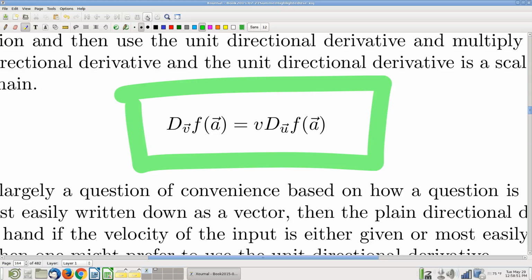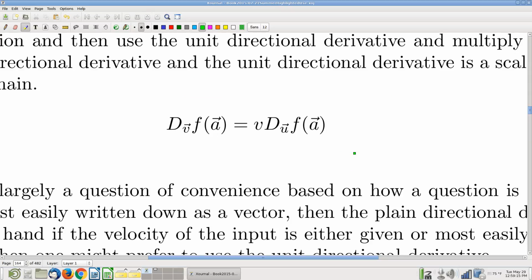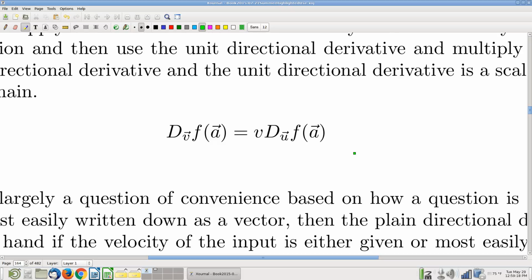So, which one's better? And the answer is neither necessarily. There are some circumstances in which it just makes loads more sense to compute this thing, and there are some situations in which it makes loads more sense to compute this thing. So I'm going to show you a couple of examples. Please don't make the mistake. A lot of students make the mistake of thinking, okay, well, unit directional derivative came after in the textbook, so it must be the more modern, better.